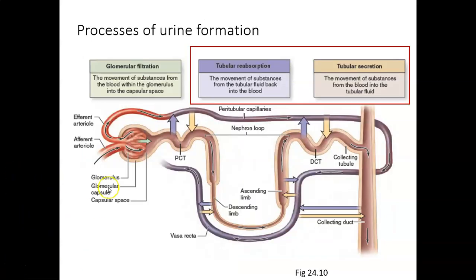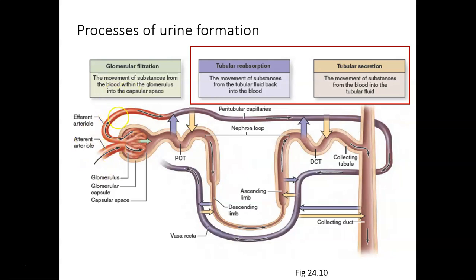So here's another way to show what I just talked about. You have the tubules, then you have the blood vessels running right next to all the tubules, the blood capillaries. It's basically the three processes involved in urine formation.